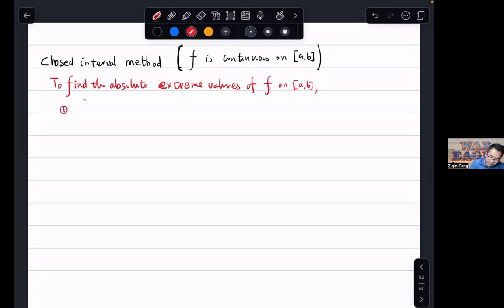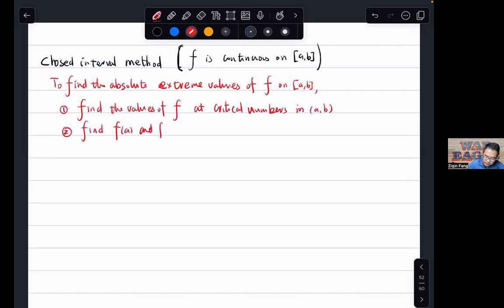Step 1 is to find the values of f at critical numbers inside [a, b], because inside [a, b], if you have a local maximum or local minimum, it should happen at a number that is a critical number. Step 2 is to find f(a) and f(b).